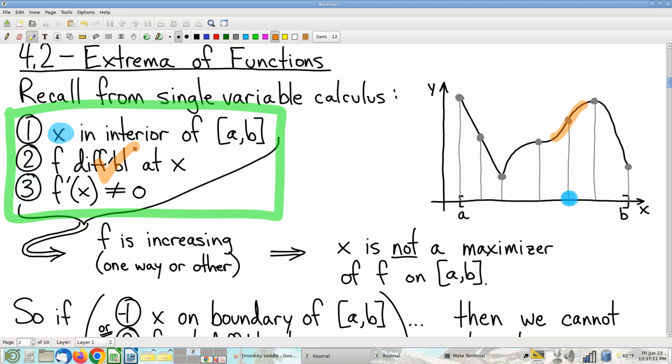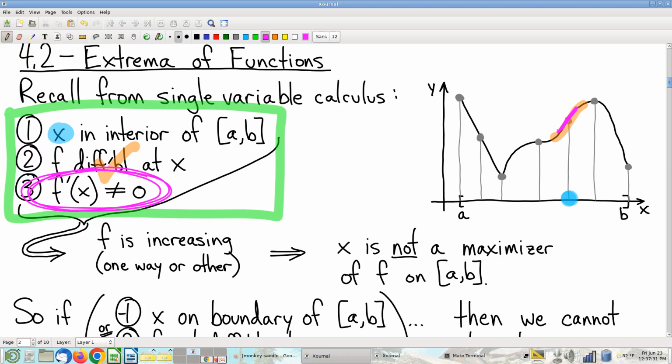And specifically, if we assume that the derivative is non-zero, in other words, that the slope of the tangent line is non-zero, that couldn't possibly be a maximizer.